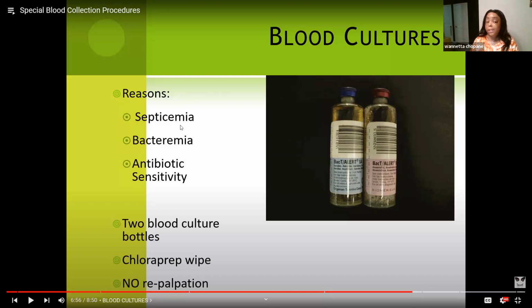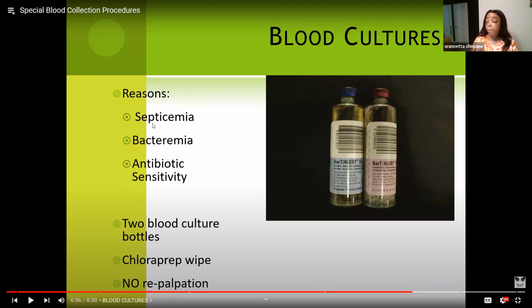So what I want you to remember, that the reason why a doctor is ordering a blood culture for septicemia and bacteremia, you will see that again, okay? They're trying to see what bacteria lies in that blood, and they're also trying to see, okay, are they septic? Is this trying to get to their organs? Because a medical light bulb is that if a person has an infection, meaning they have bacteria lining their body for so long, then if it begins to get old, it can start affecting other parts of their body, and it can start affecting their organs.